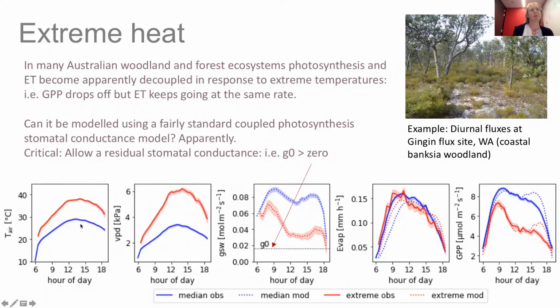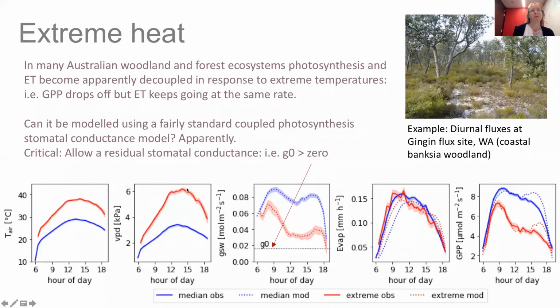The blue there represents the so-called median conditions. So this is the median conditions for December, January and February. And the red lines represent the 90th percentile conditions, i.e. the days where the daily maximum air temperature exceeded the 90th percentile. In this particular instance, the daytime peak was around 28 degrees on a median summer day, and closer to 36 on an extreme day.